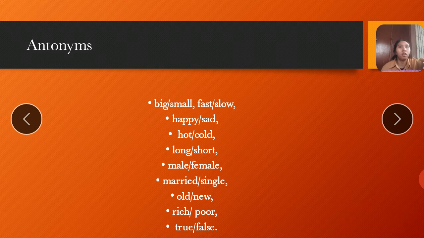And two forms with opposite meanings are called antonyms. This is the example: big, small, fast, slow, happy, sad, hot, cold, long, short, male, female, and so on. We can read in the slide.